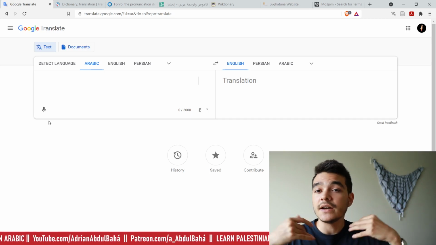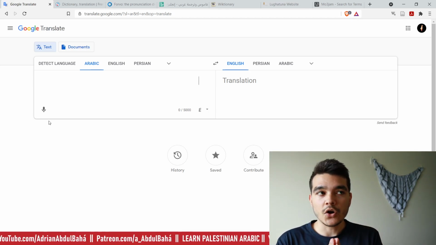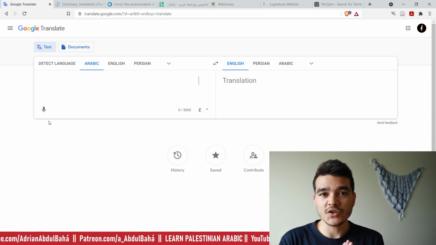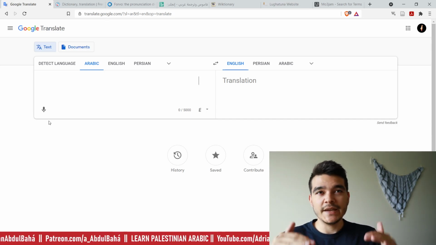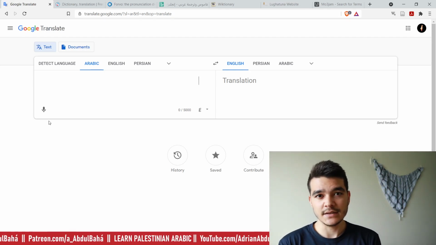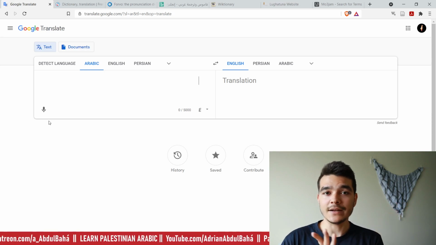But with the advent of the internet and information technology, there are some tools that are based on something called a corpus. A corpus is basically a huge body of text in a particular language that has a counterpart in other languages.